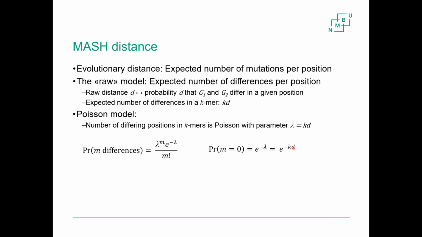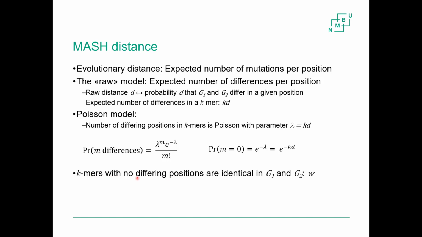So if the distance is small between the two genomes, this probability is high. But if the distance is big between the genomes, this probability is small. That sounds reasonable. The more distantly related the genomes are, the less likely it is that two k-mers coming from the same region are the same. If they are far from each other, things have mutated, so the k-mers start to not be identical.